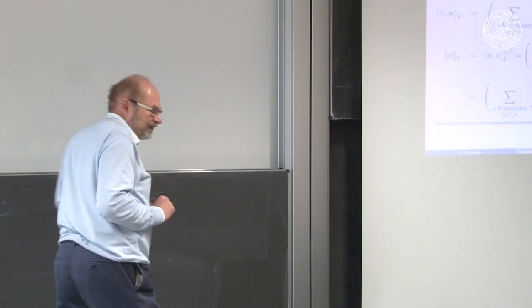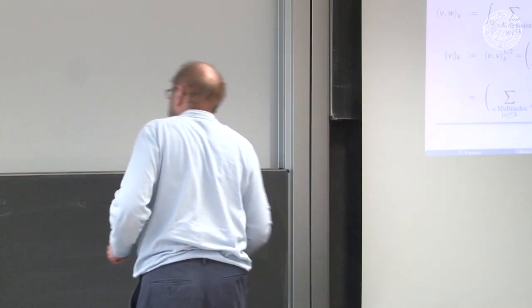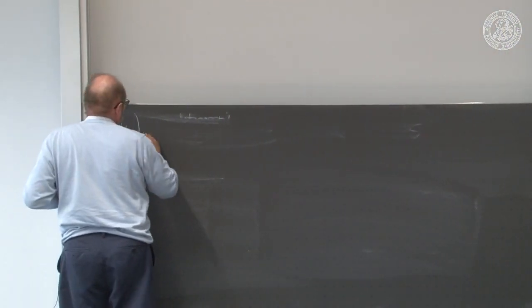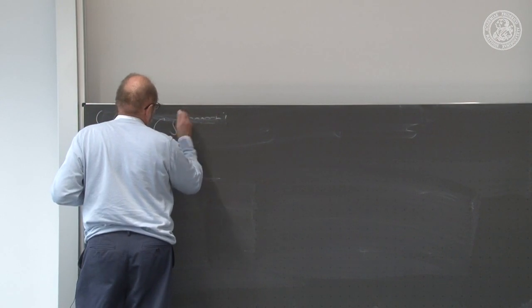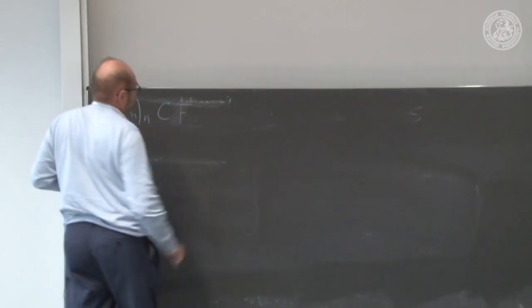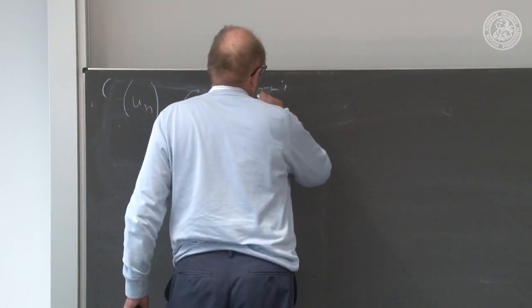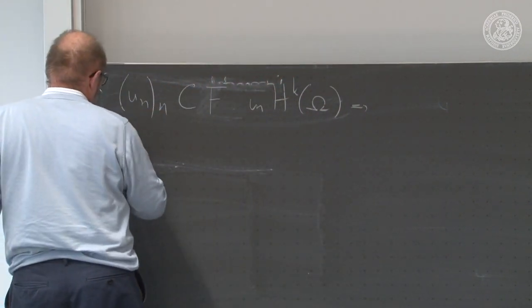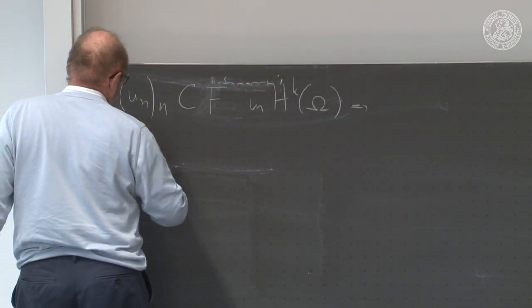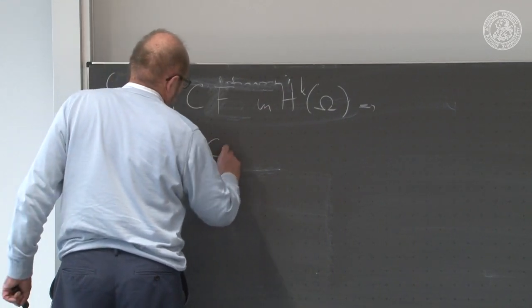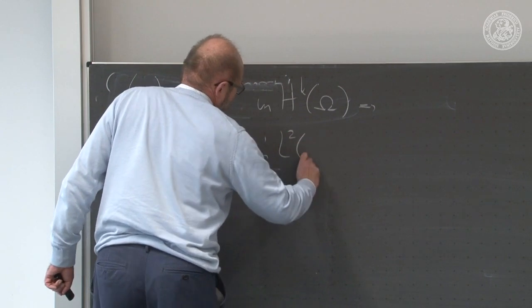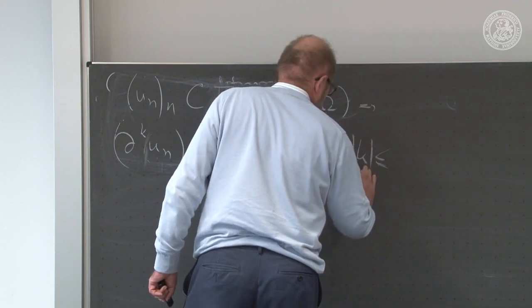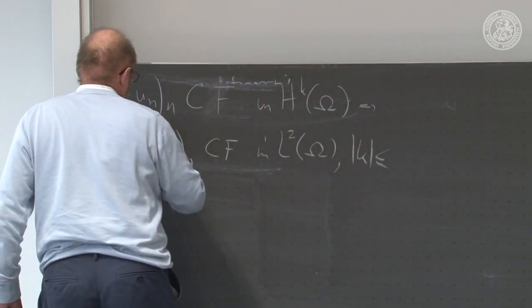So we start off with, say, a sequence u_n being a Cauchy sequence. Okay, I write in German at the blackboard, then cf. Cauchy sequence in Hk of omega, and therefore we know that all derivatives of this sequence are Cauchy sequences in L2, for all derivatives of order less or equal to k, where I should take a multi-index here.